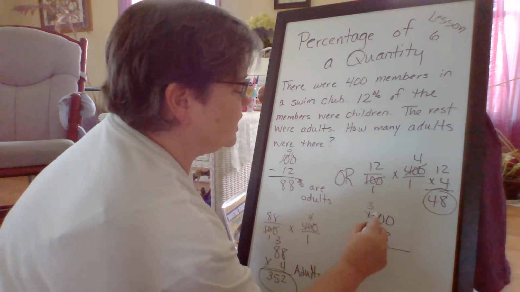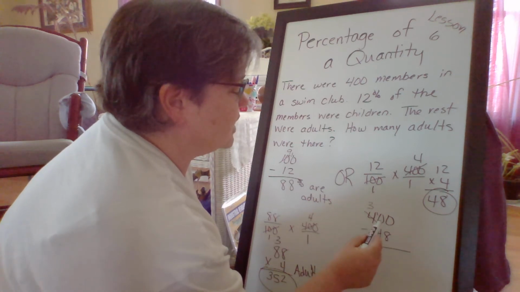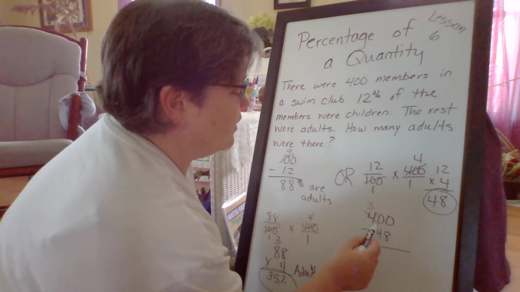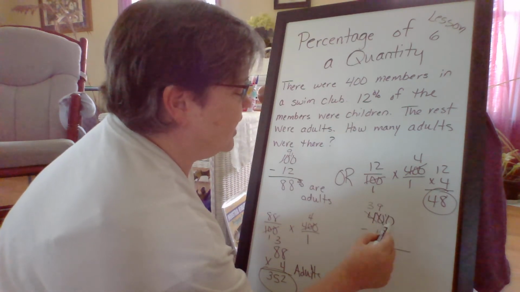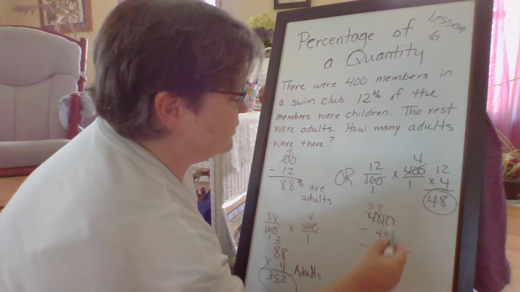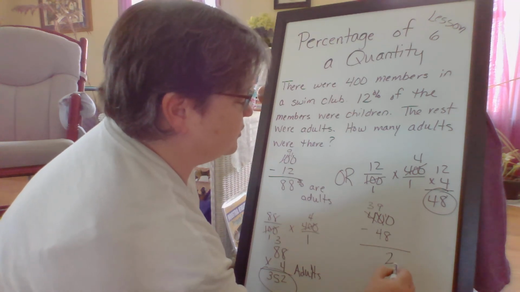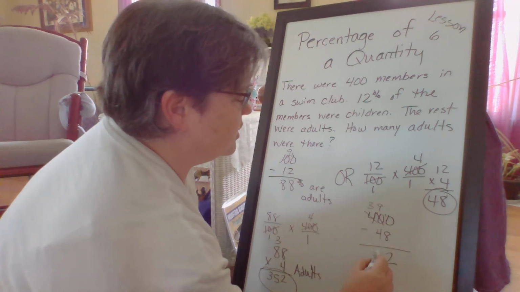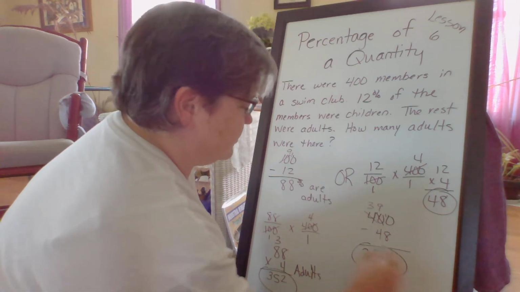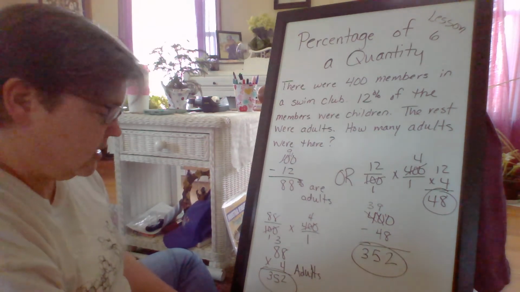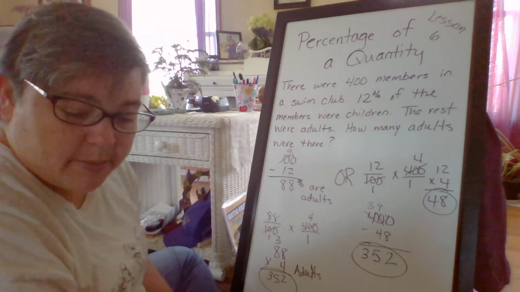That becomes 3, which makes 10 tens. Then I borrow from that, it becomes 9, to make that 10. 10 minus 8 is 2. 9 minus 4 is 5. 3 minus 0 is 3. So both ways get me 352 adults. So that must be the answer.